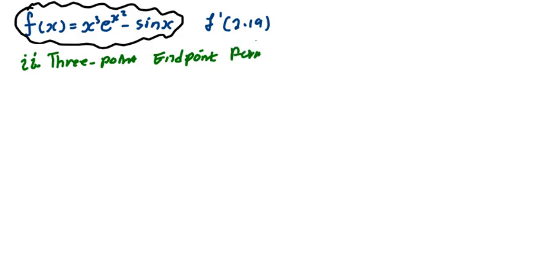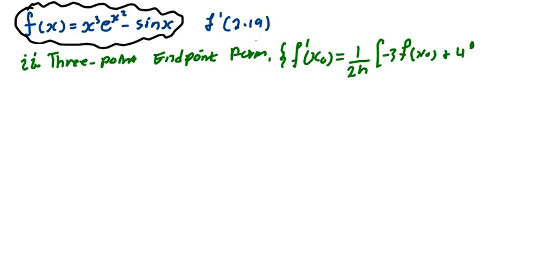So the 3-point endpoint formula is given in this form. Okay, I'm just going to write the part that we're going to use. The error part, I'm going to leave it out. It is f prime of x naught equals 1 over 2h open bracket minus 3 f of x naught plus 4 f of x naught plus h.